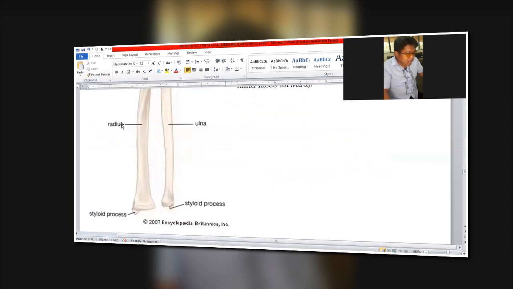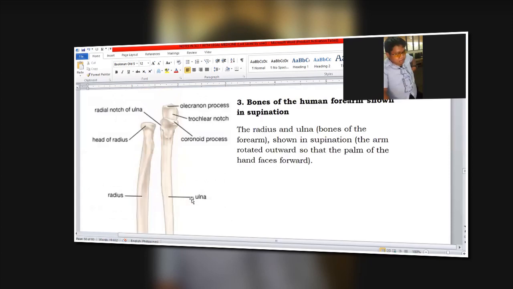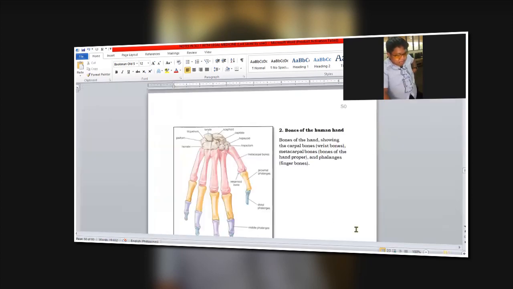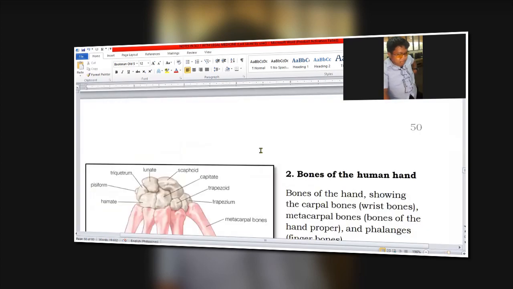The bigger one is the radius, the smaller one is the ulna. Do not forget that.